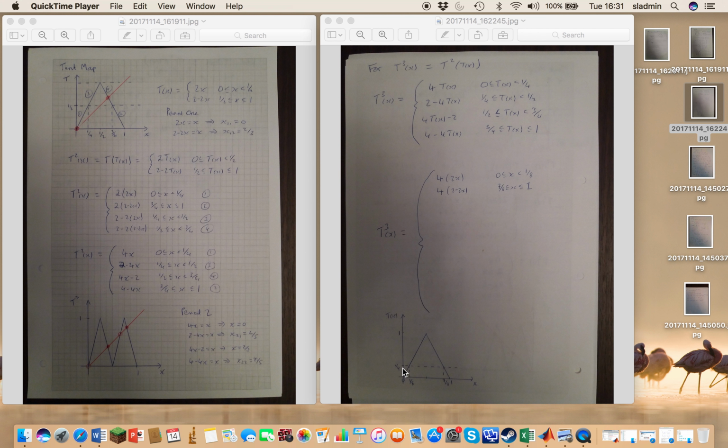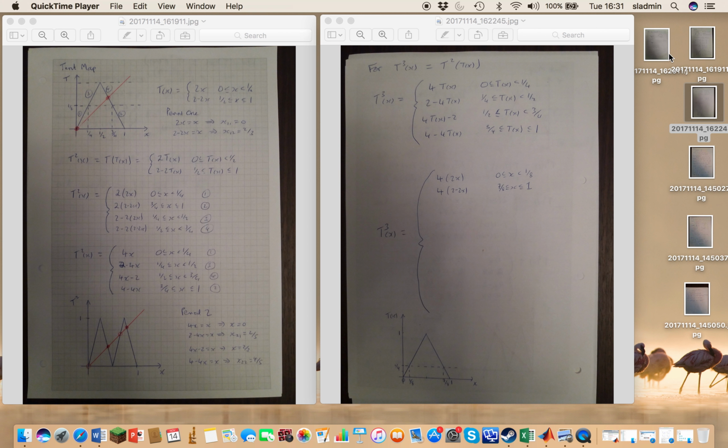So T of x between 0 and 1/4 corresponds to x between 0 and 1/8, and also x between 7/8 and 1. So this will be your branch 1, and this would be your branch 2. And these are the equations for this first line here. And then obviously you have to do the same thing for these three.